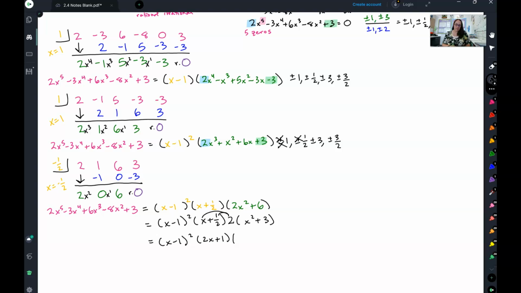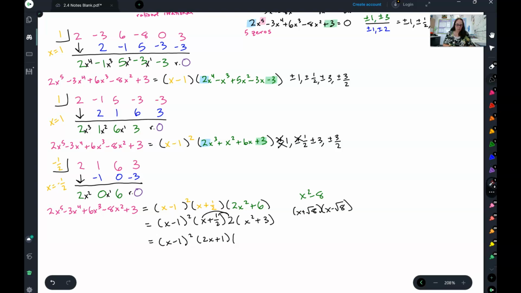Now, I need to factor x squared plus 3. You may notice that this looks very similar to the last problem where we factored x squared minus 8 as x plus square root of 8, x minus square root of 8. However, this method of factoring is called difference of squares for a reason. It must be a difference for this to work out.